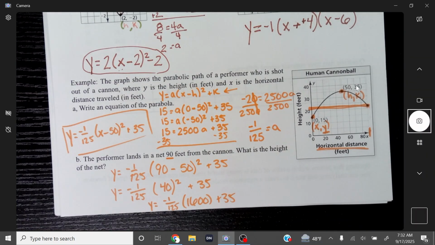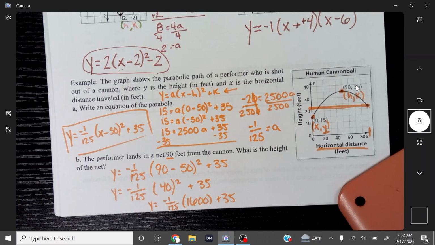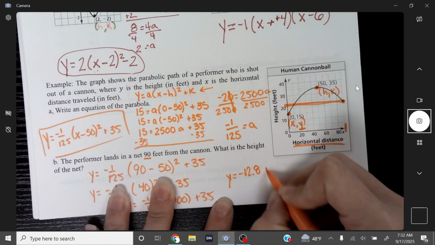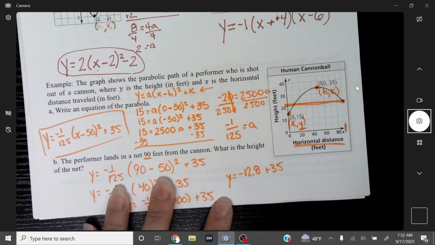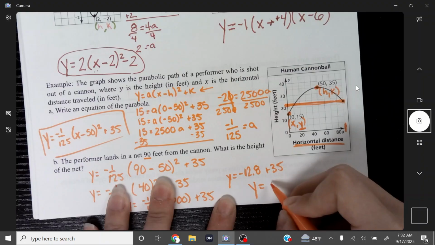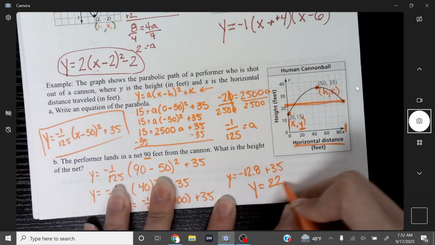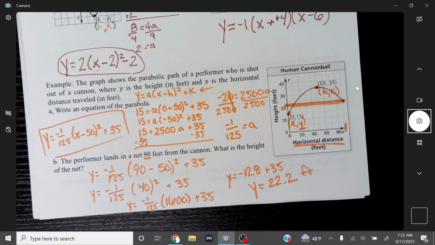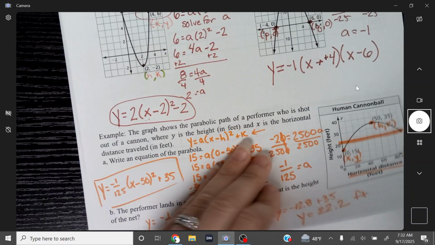And then we multiply negative 1 over 125 by 1600, and we get negative 12.8 plus our 35, and so our performer lands 22.2 feet in the net. The net is 22.2 feet above the ground. There we go. And you can see that makes sense on the graph.